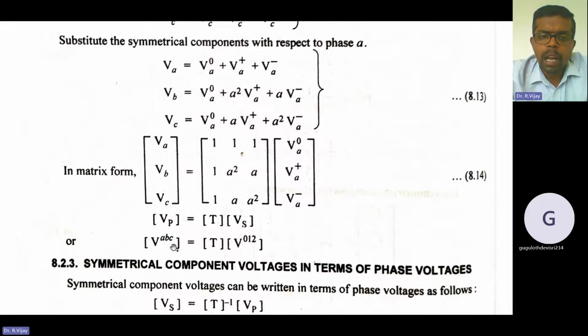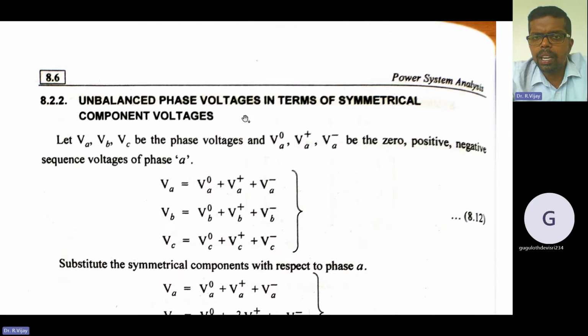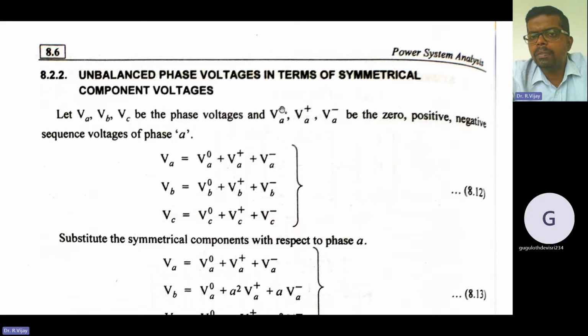Sometimes in exams, they will ask you to convert these phase quantities into your 0, 1, 2 components. Prove that, converting the phase quantity into V0, 1, 2. Instead of zero, positive and negative sequence components, they may ask you to convert the phase voltages into VA 0, 1, 2.